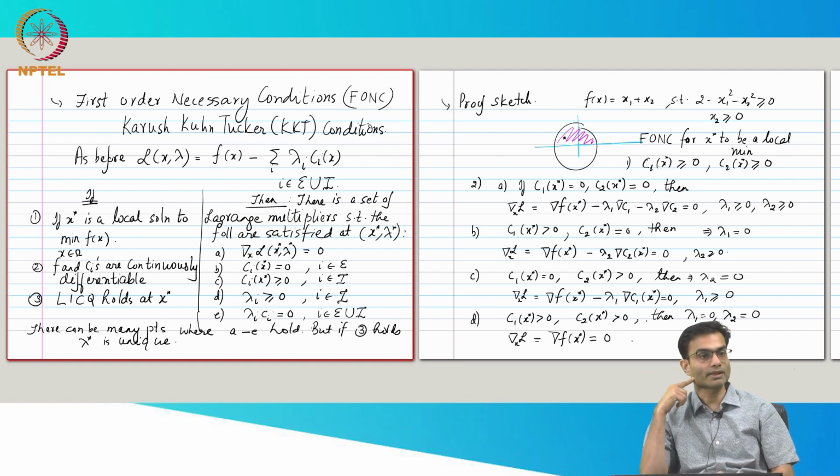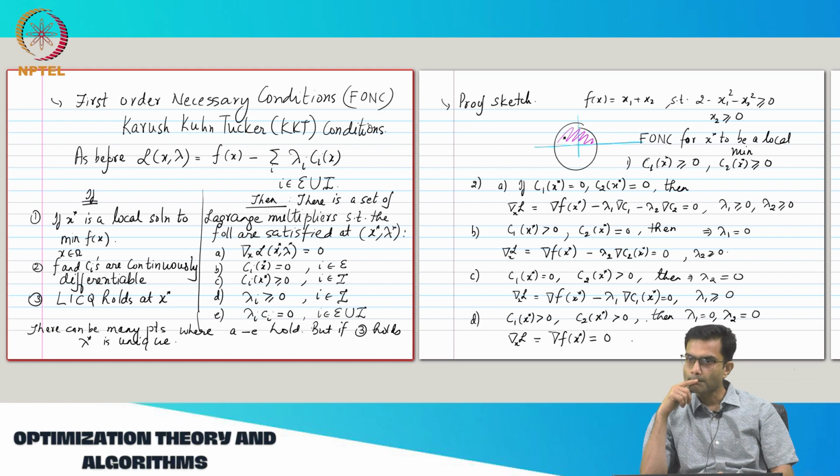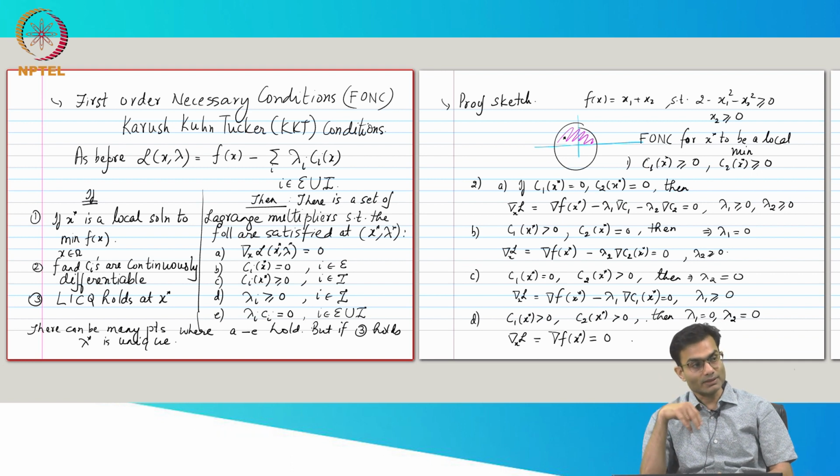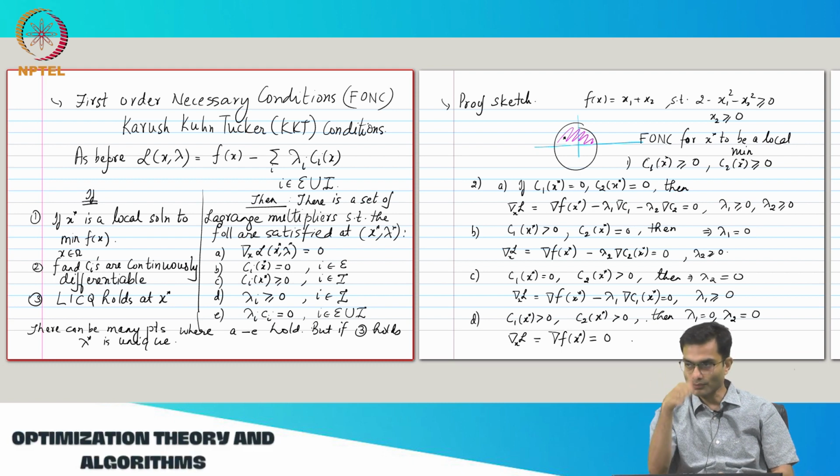Will it always be the case that the tangent cone will be one dimension less? Can it be even less than that? If you take just one or two constraints, we got what we got.